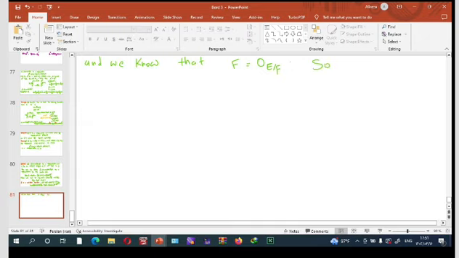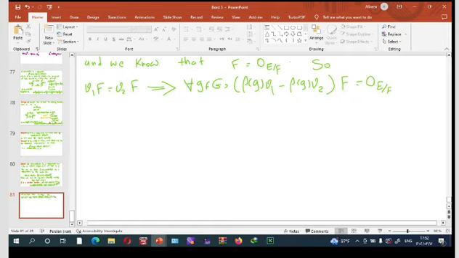So if v1F equals v2F, we prove that for any g in G, rho g of v1 minus rho g of v2 of F equal to 0 of this quotient space, so that these two must be equal for any g in G.